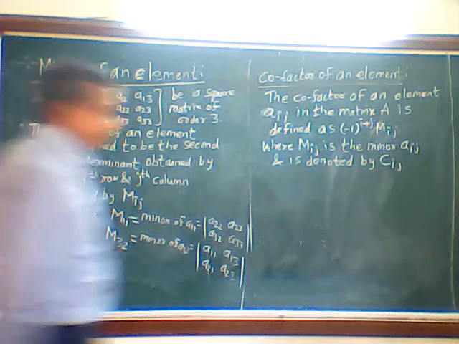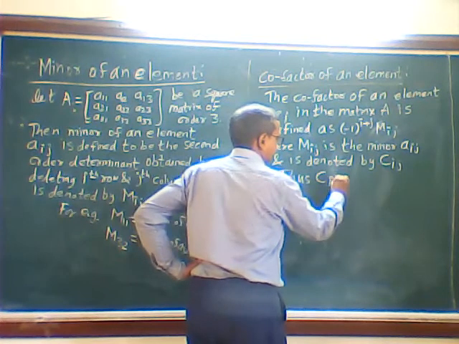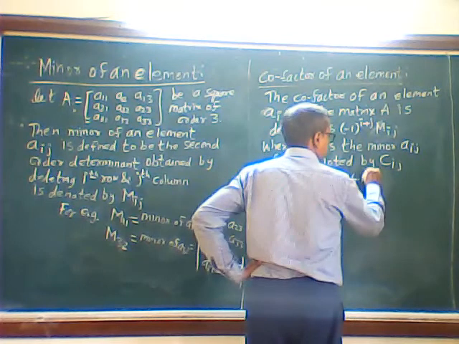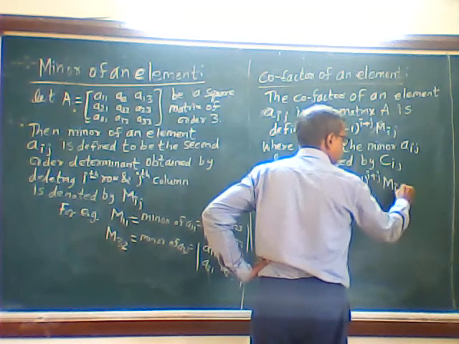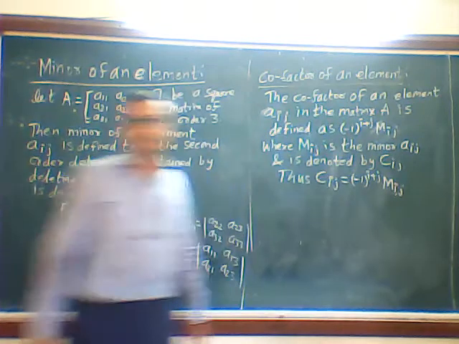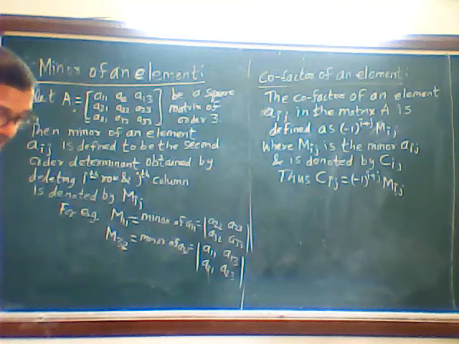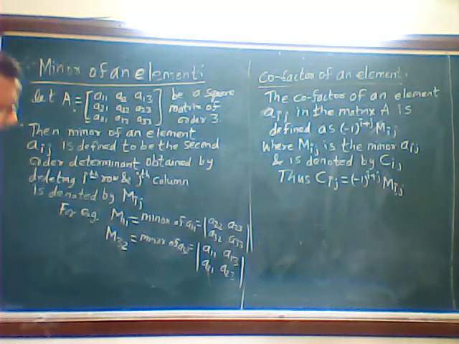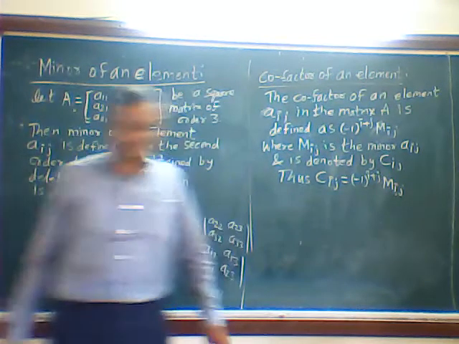You can write it this way. Thus, Cij is equal to -1 raised to i plus j into Mij. Fine. So instead of using this formula, I will tell you the sign method.